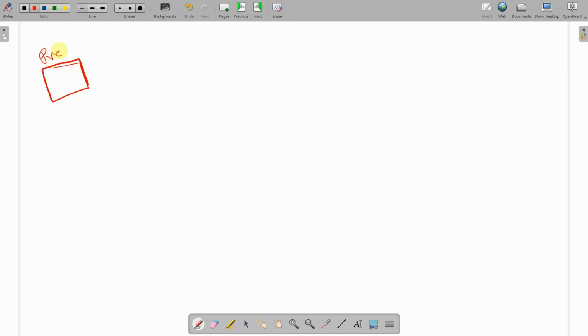This is the predicted data and this is the field data. The field data minus the predicted data is called misfit.